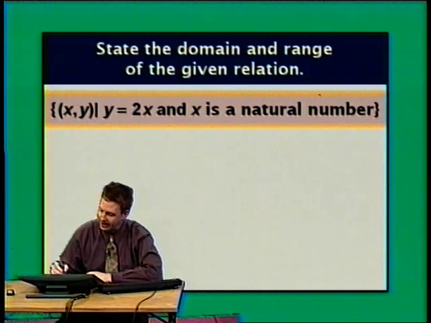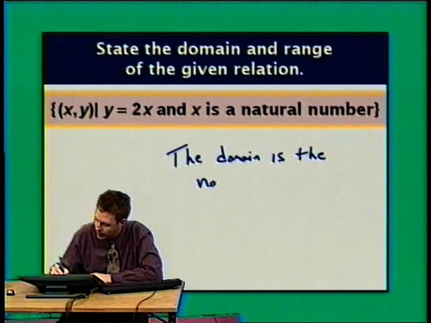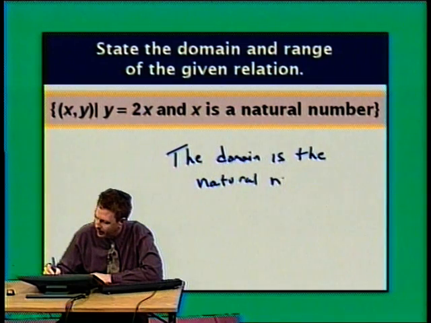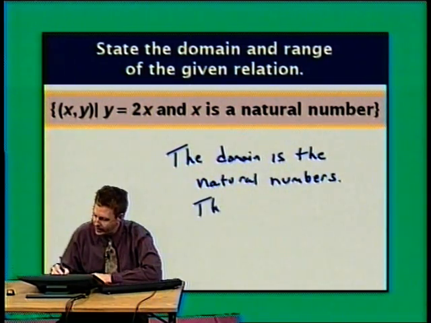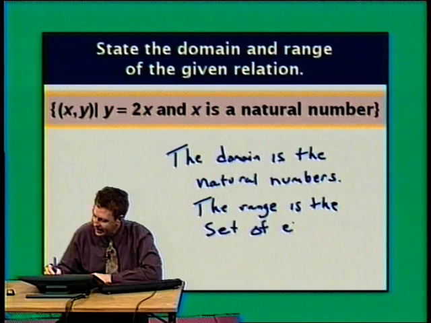So in this example, the domain is the natural numbers, which are also called the counting numbers, so that would be a fine way of describing the domain. And the range is the set of even natural numbers.